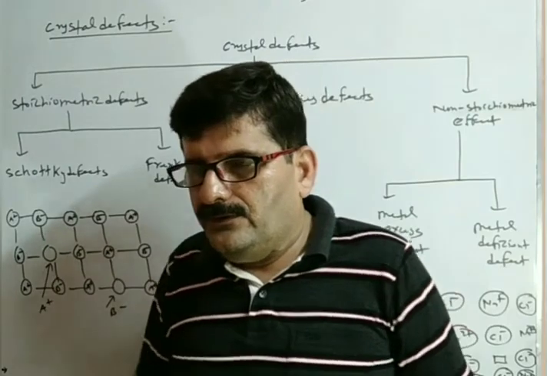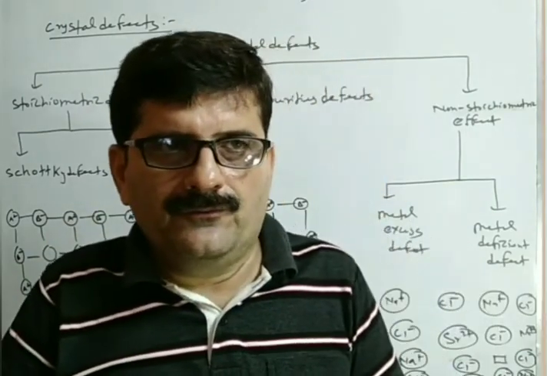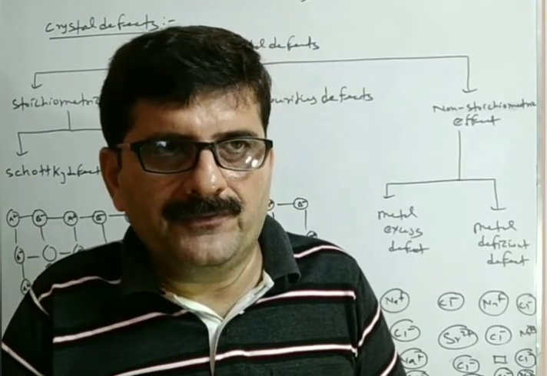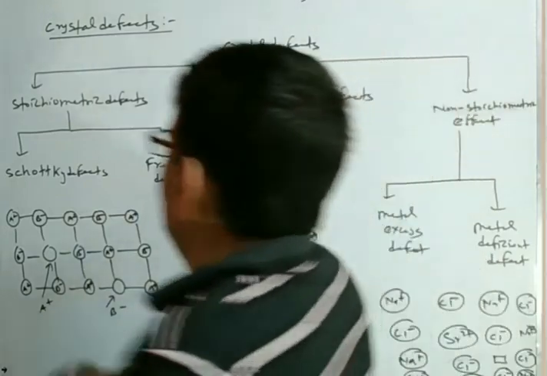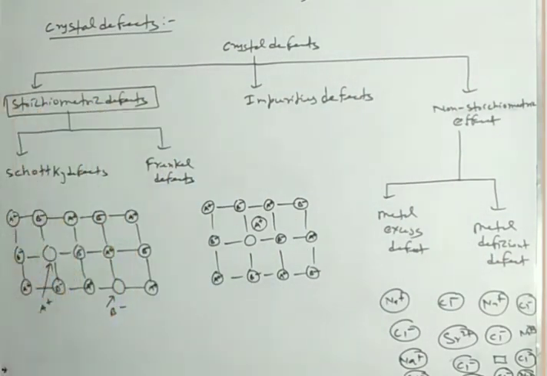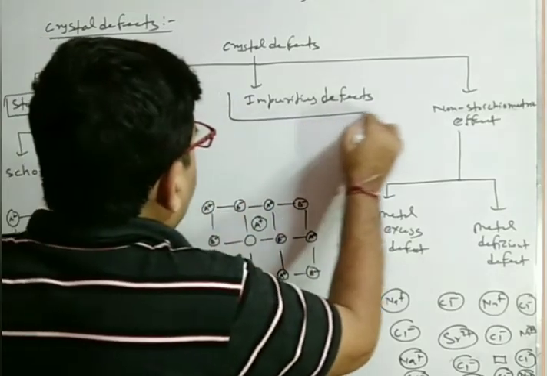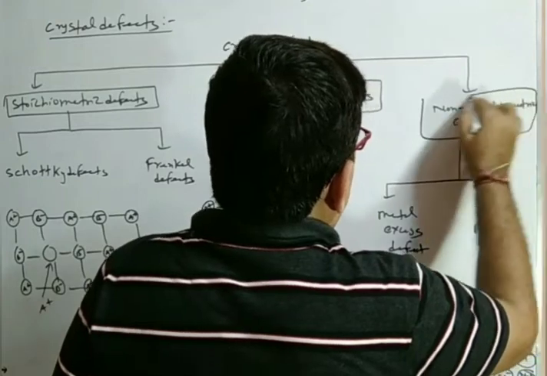Our next topic is crystal defect. There are three types of defects that may be present in a crystal system. The first one, stoichiometric defect. Second one, impurities defect. Third one, non-stoichiometric defect.